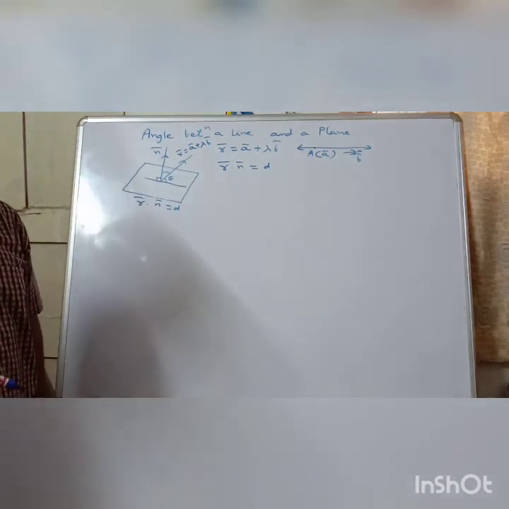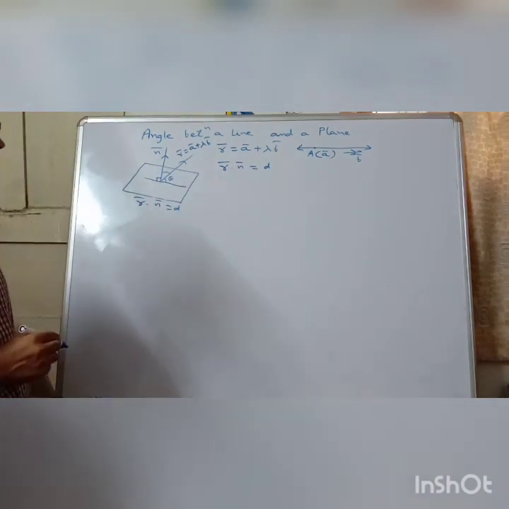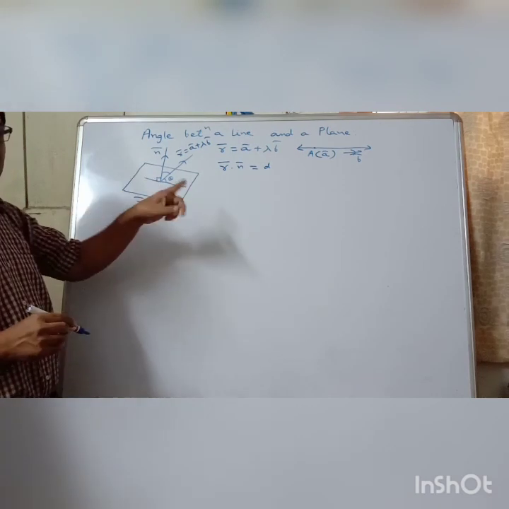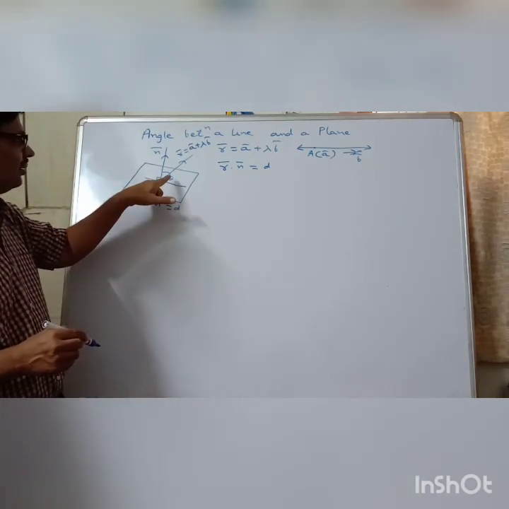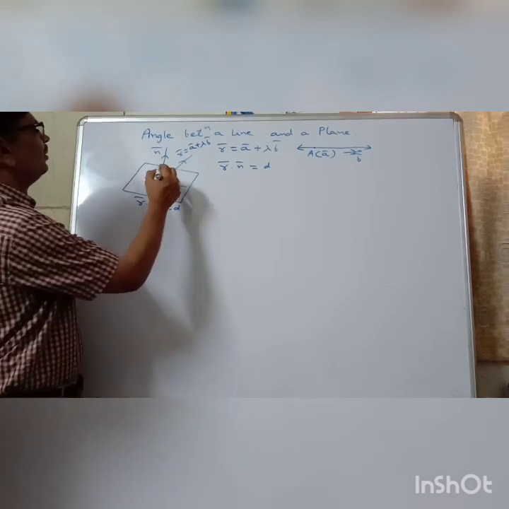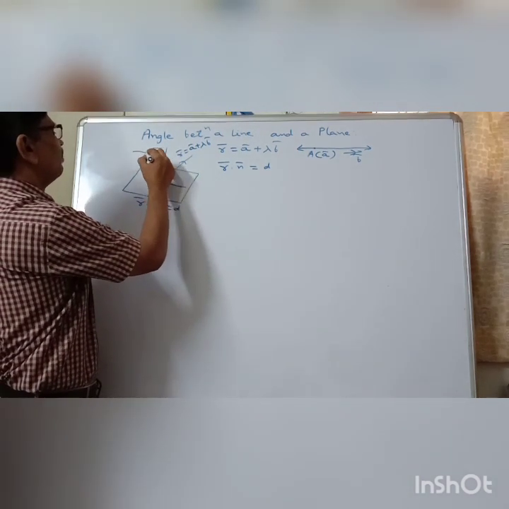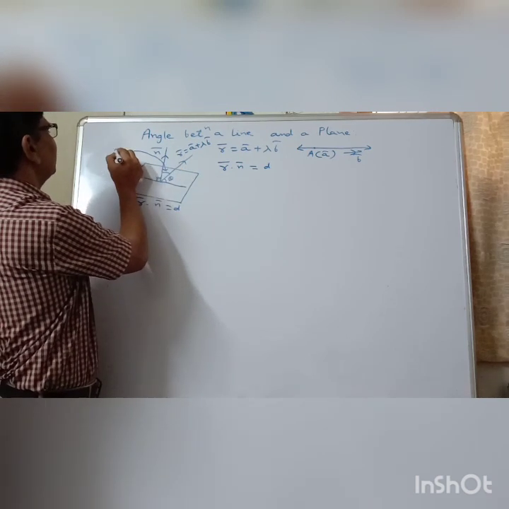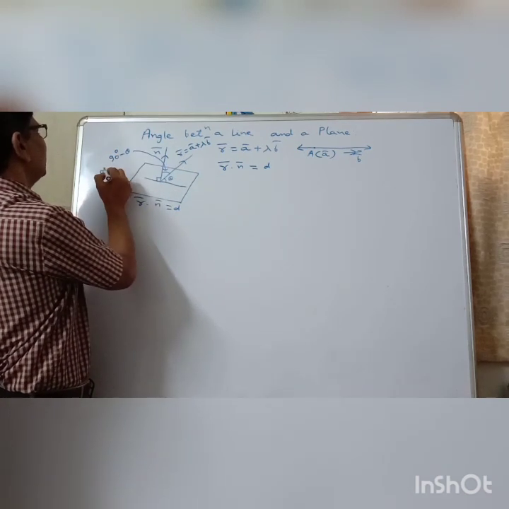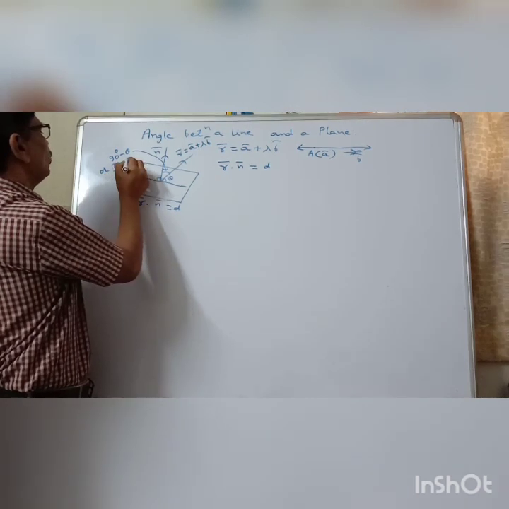Observe this angle. The normal is perpendicular to the plane, so the total angle is 90 degrees. In that, this angle is theta, then the remaining angle must be 90 minus theta, or we can say pi by 2 minus theta.